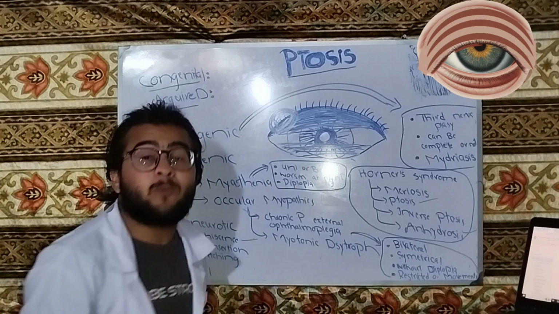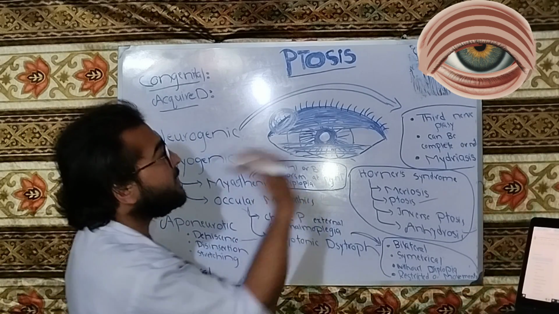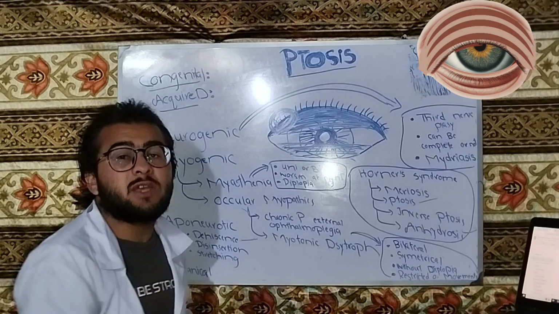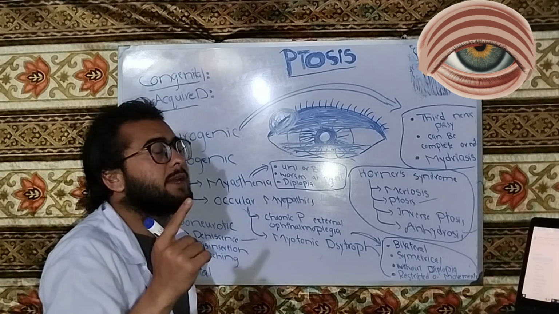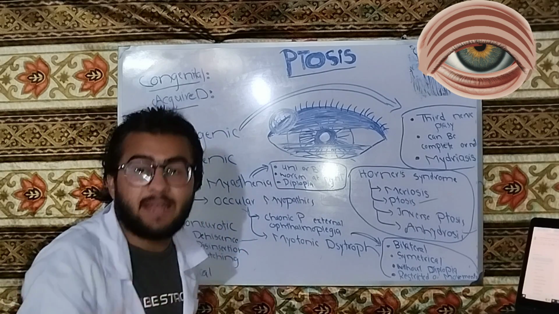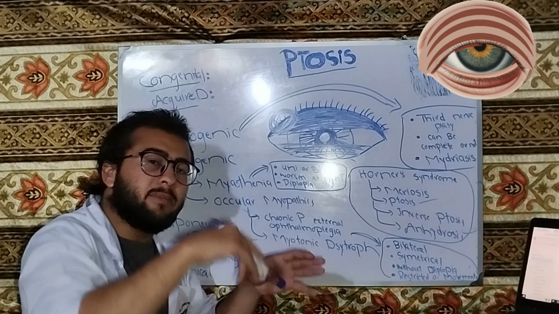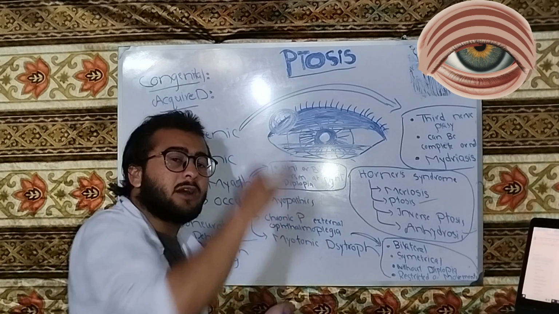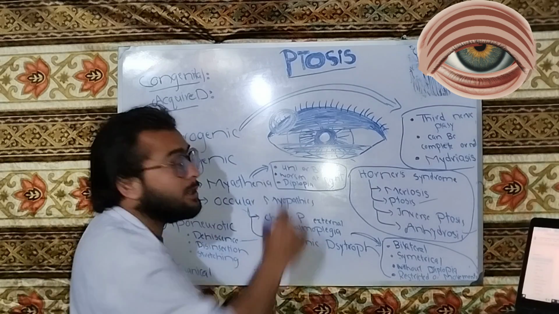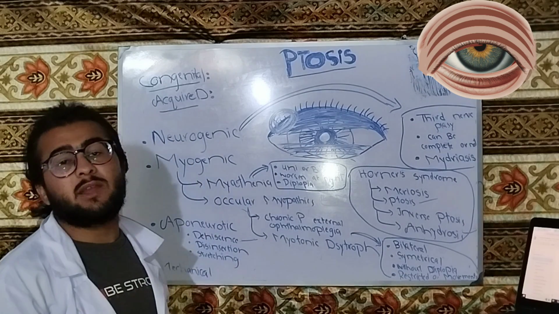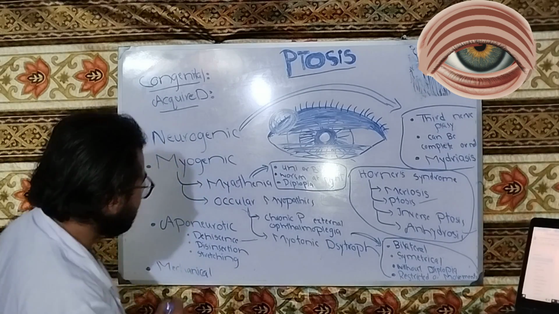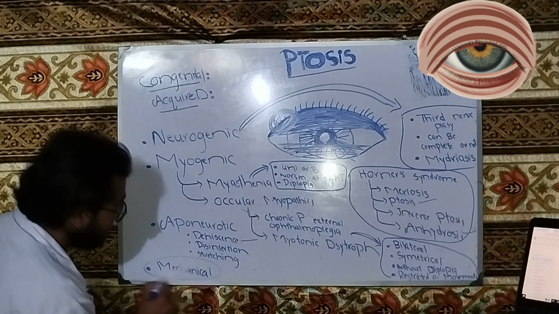If there is neurofibromatosis, or for example acute dacryoadenitis, all these conditions will cause a mechanical force on the upper eyelid and cause the upper eyelid to come to a lower abnormal position and cause ptosis.